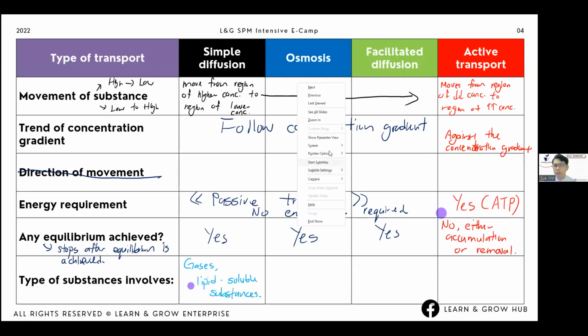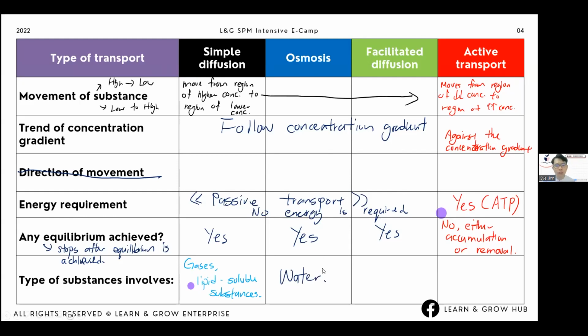For osmosis, most of you, for SPM students, always remember osmosis because osmosis is the only one talking about water.